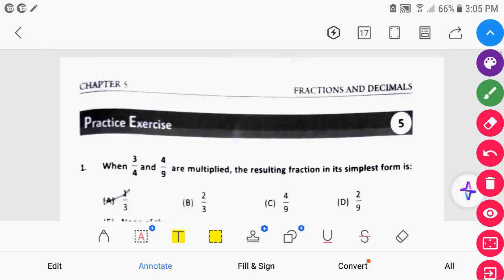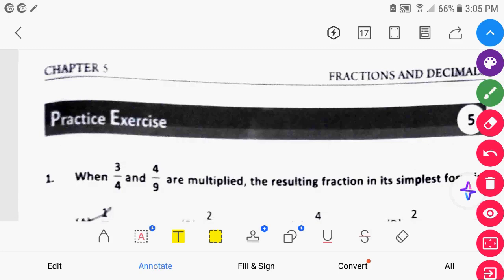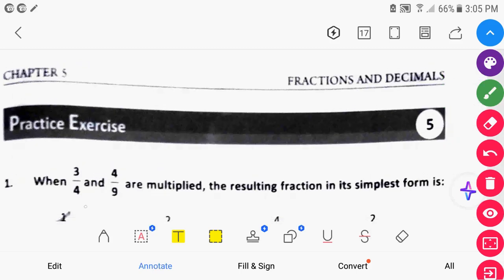You go through the solved examples to better understand the concept, and then move to the practice exercise. Now when 3 by 4 and 4 by 9 are multiplied, they asked for the resulting fraction in the simplest form. Now we know how we multiply fractions.